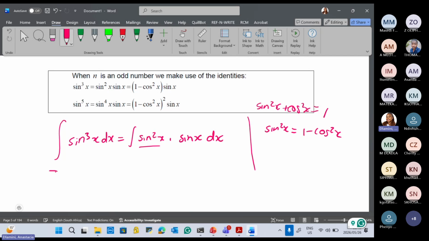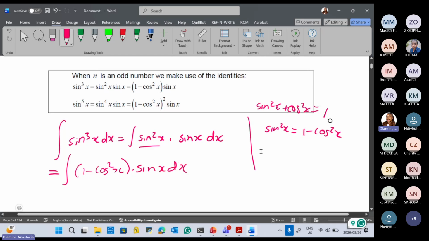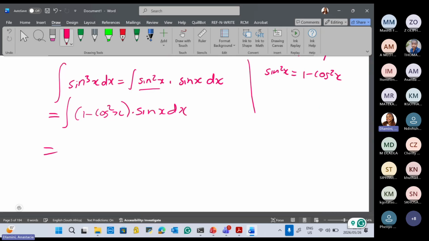So we substitute. This will be the integral of 1 minus cos squared x times sine of x dx. Now let's multiply inside. This will be the integral of sine of x dx minus the integral of cos squared x dx.